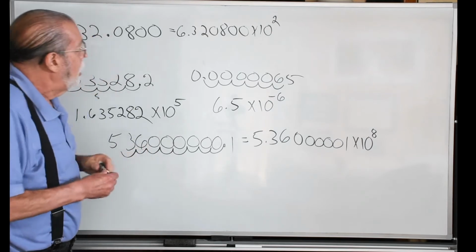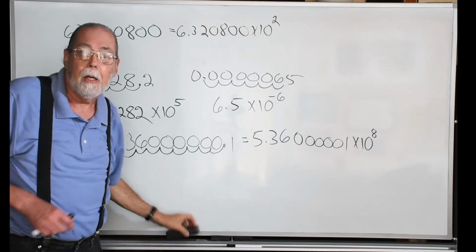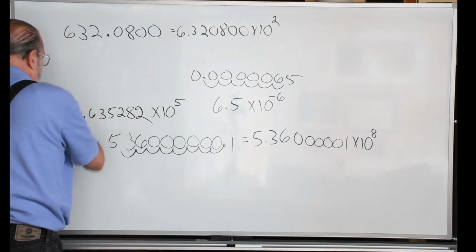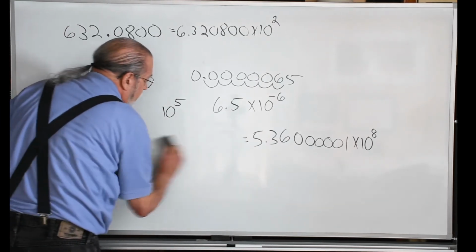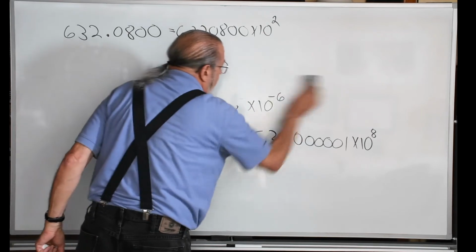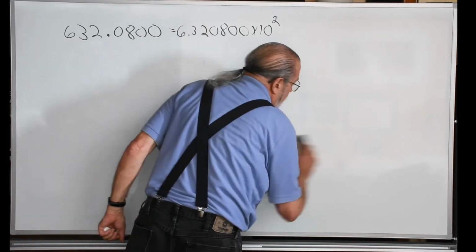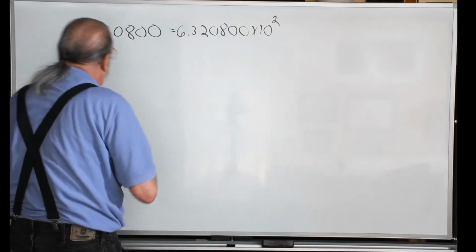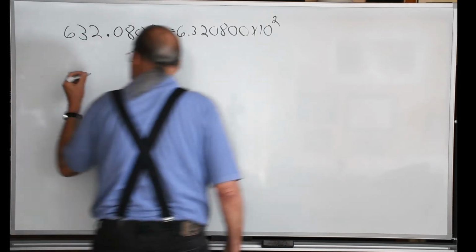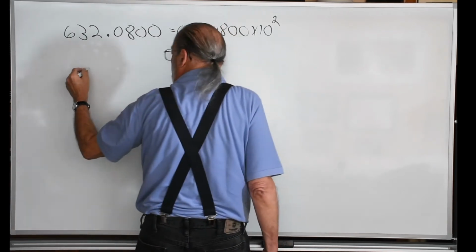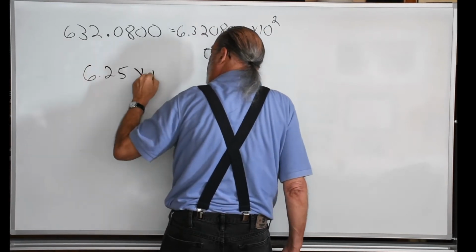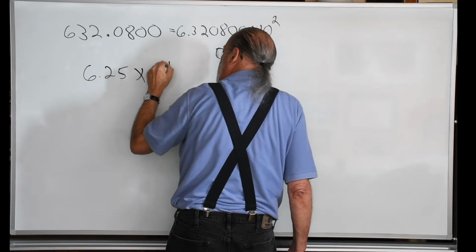What about converting back the other way? You just reverse the game, keeping in mind that a positive exponent must give a number larger than 10. That will help you. So here we have 6.25 times 10 to the 15th.